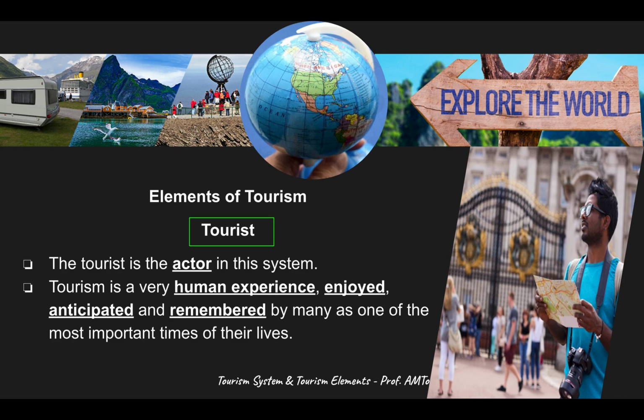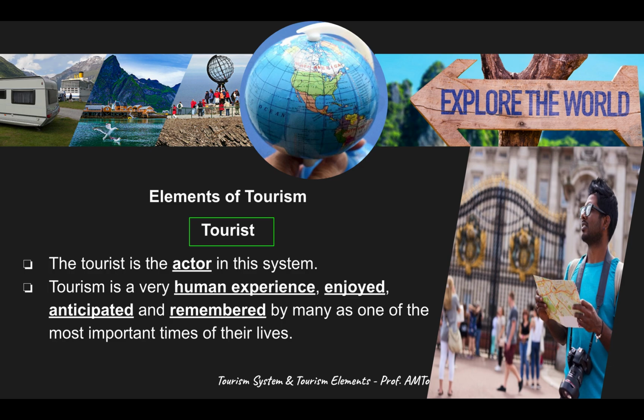So there is this certain anticipation, and that anticipation is something positive. You have convinced the tourists through your advertisement, through your posting, that they will definitely enjoy, and that it is something that they can remember.